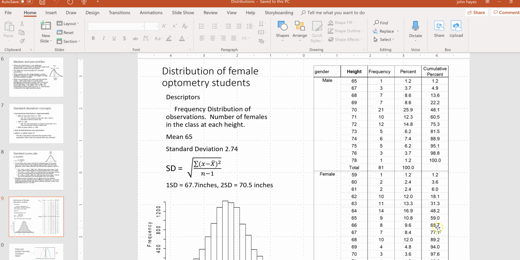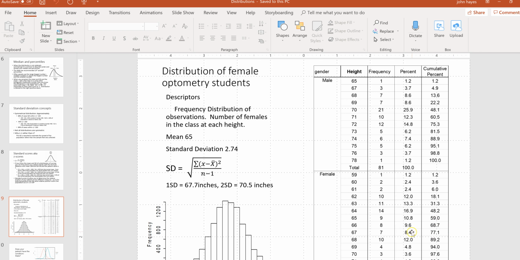So if you're at the male cutoff of 66, then 68.7% of women are shorter than that. So then we have 2 ways of going.